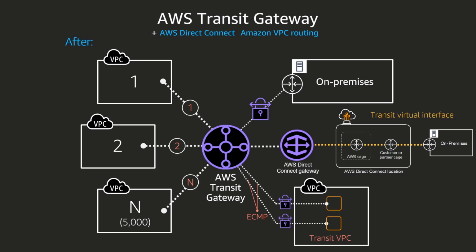Now, the Transit VIF is something that each Direct Connect, if it's greater than 500 meg, so a 1 gig, a 2 gig, a 10 gig, etc., gets a single Transit Virtual Interface. So whereas you might get 50 virtual interfaces, either public or private, you can now have a single Transit Virtual Interface which can connect through to a Direct Connect gateway and connect to your AWS Transit Gateway.